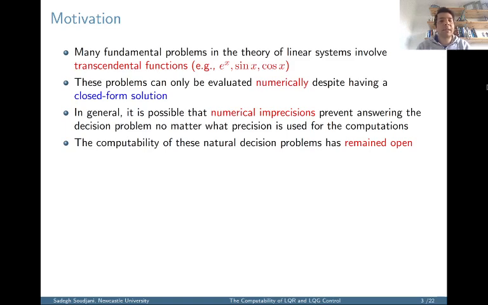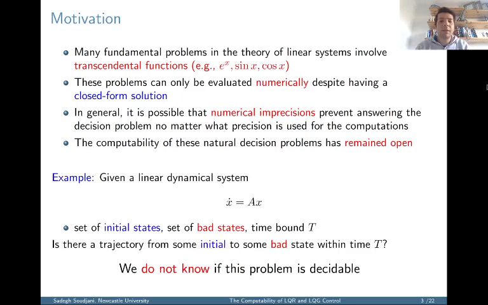These problems can only be evaluated numerically despite having a closed form solution. And in general, it is possible that numerical imprecisions prevent answering the decision problem, no matter what precision is used for the computations. So the computability of these natural decision problems has remained open.